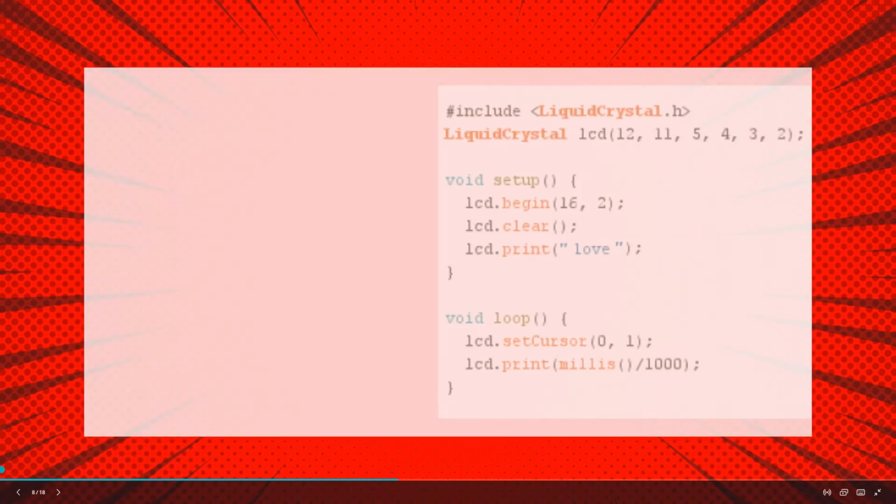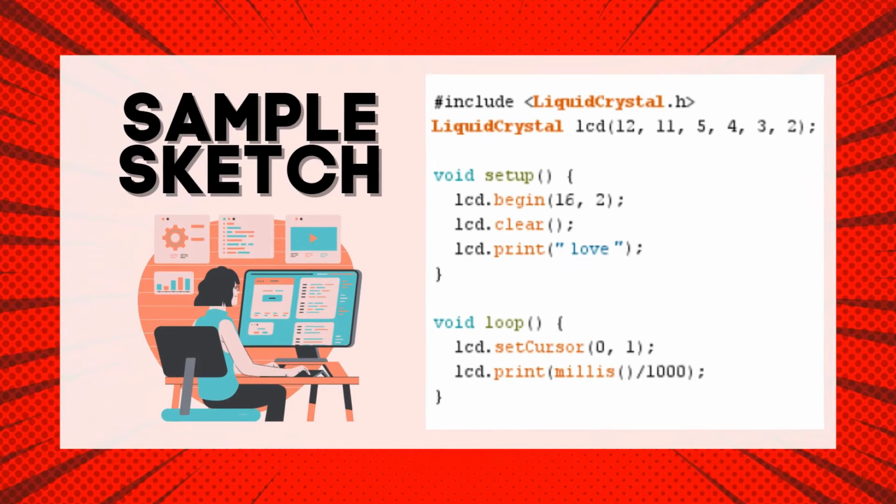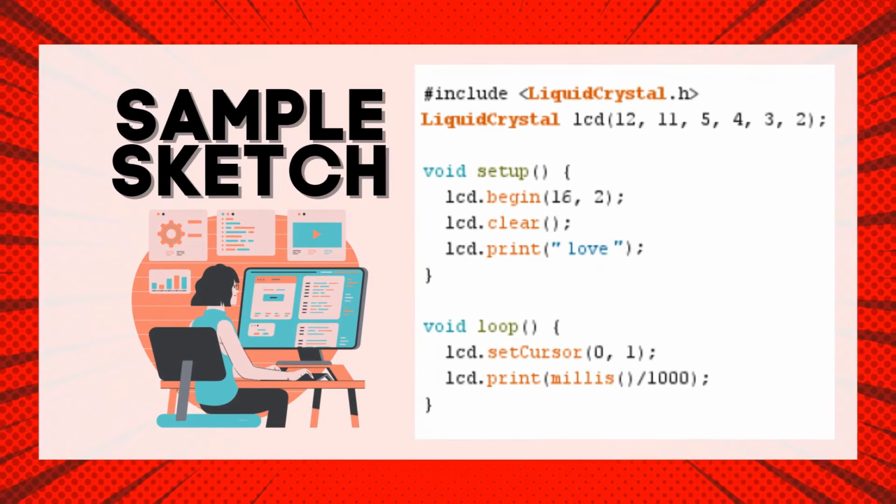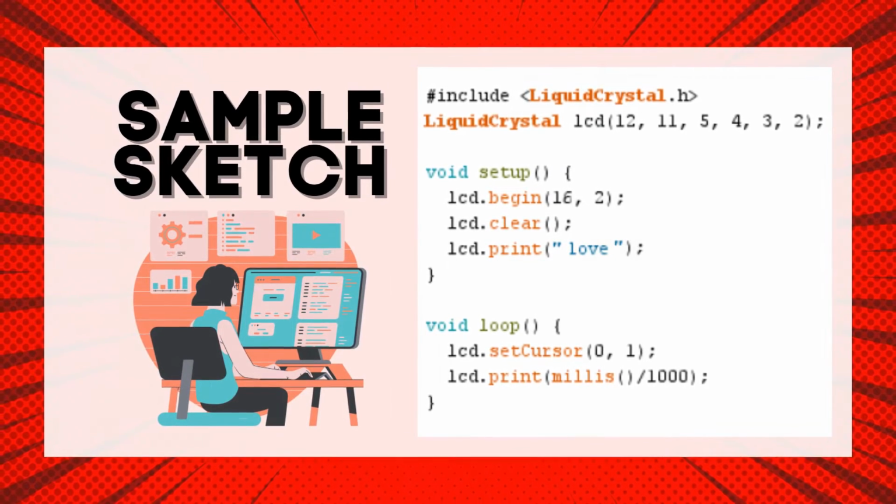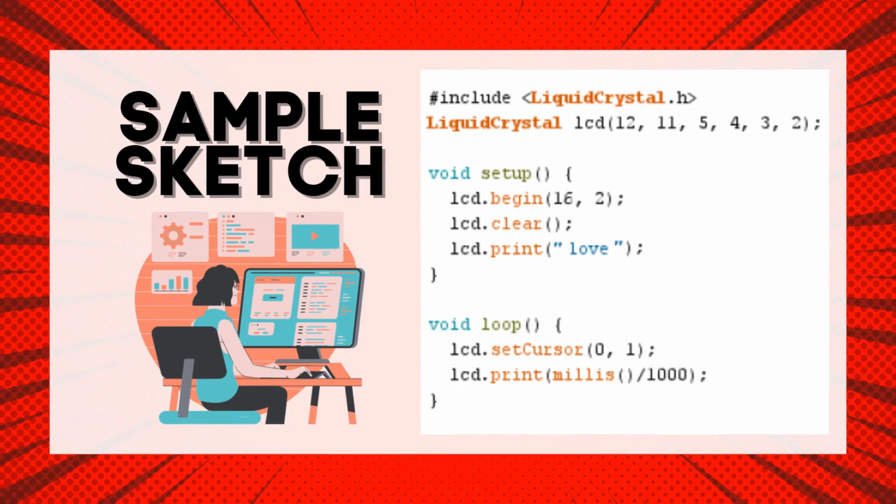Here is a sample sketch that will help us understand what the Liquid Crystal Library is. In the example, the include of LiquidCrystal.h is used to initialize the library you are using or including. Without this line, none of the commands inside the library will work.